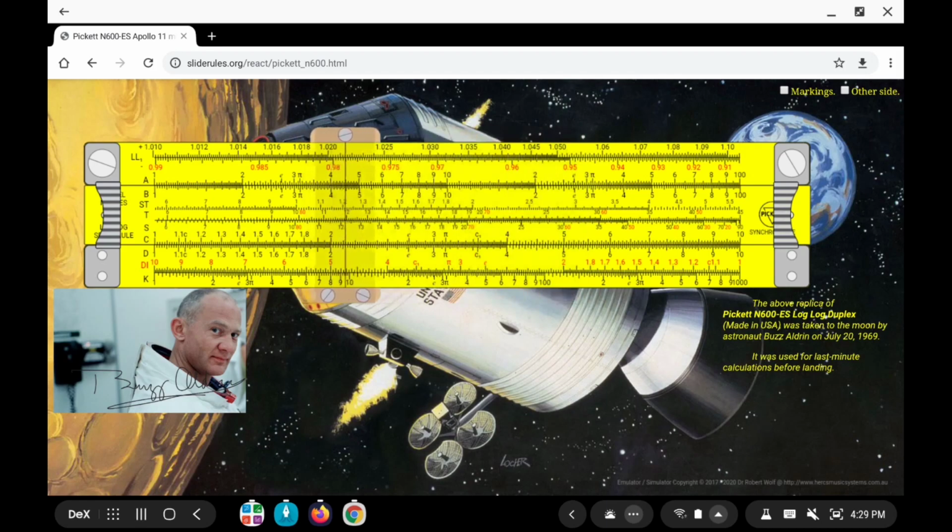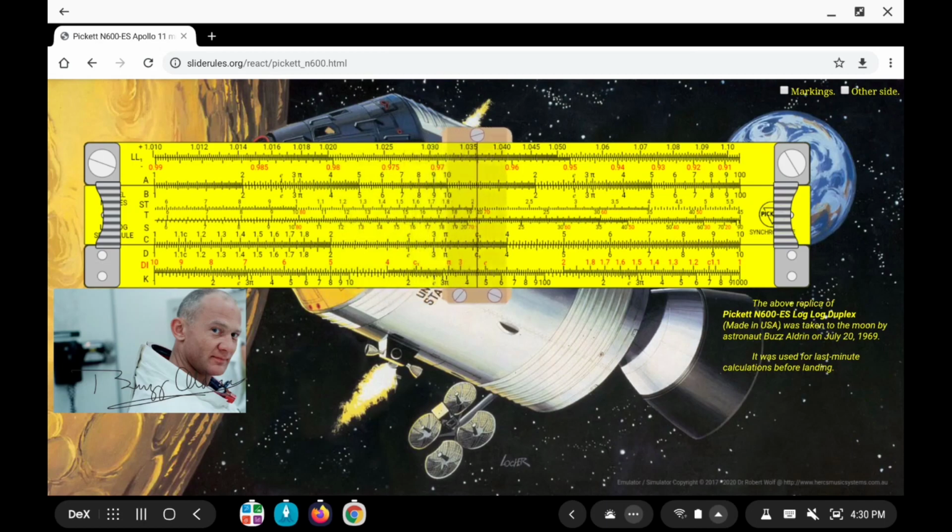You can also go the other way. So if 2 squared is 4, looking at 2 on the C scale and getting 4 off the B scale, the square root of 4, you line up the 4 on the B scale with the 2 on the C scale. And same sort of thing here, square root of 9, I line up the 9 on the B scale with the 3 on the C scale.